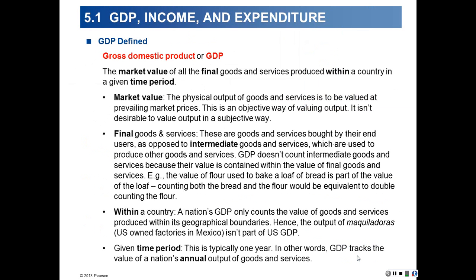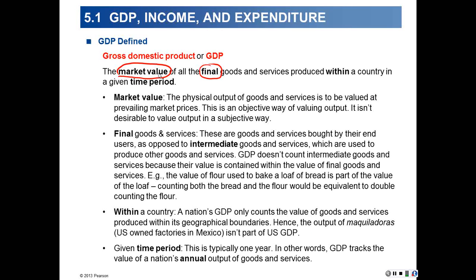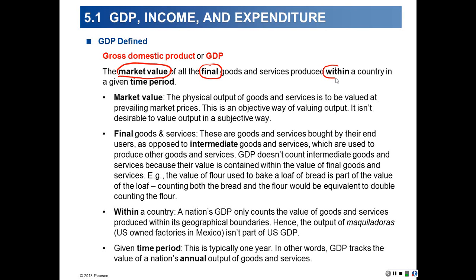So what is gross domestic product? What is the definition of GDP? Now, this here is a pretty good definition. It says, a nation's GDP is the market value of all the final goods and services produced within a country in a given time period, which usually is a year.